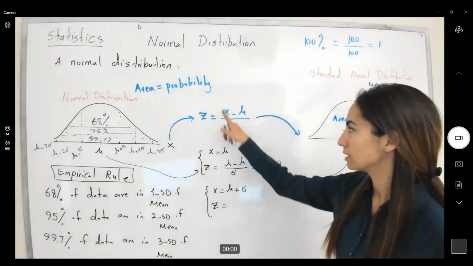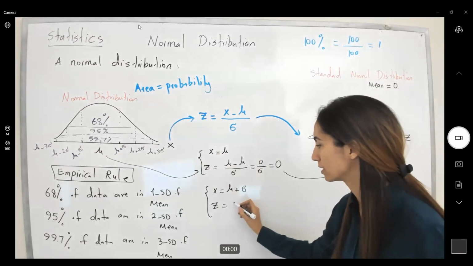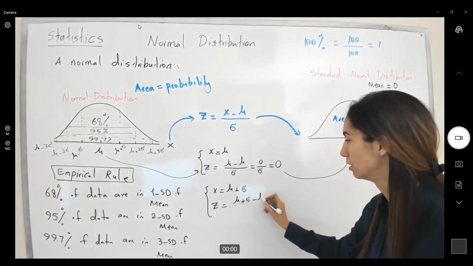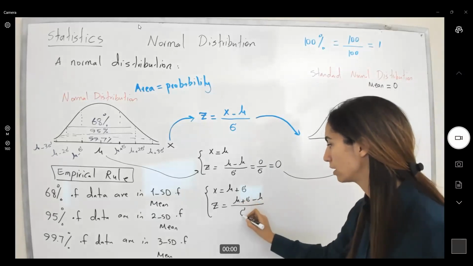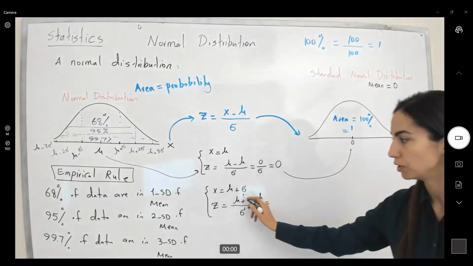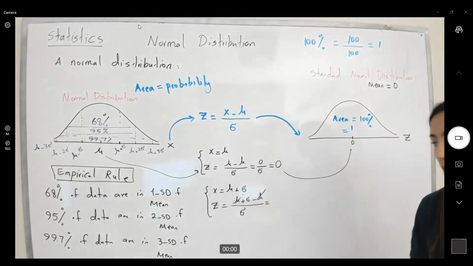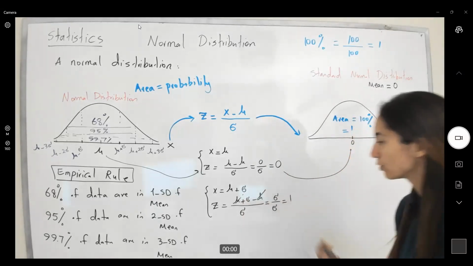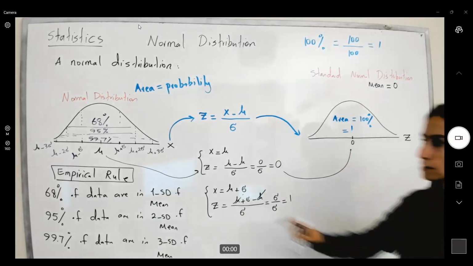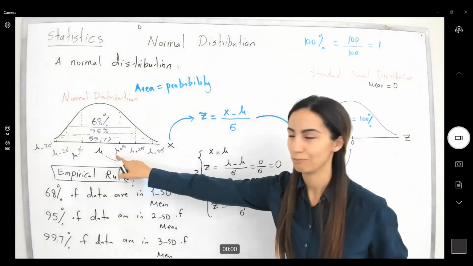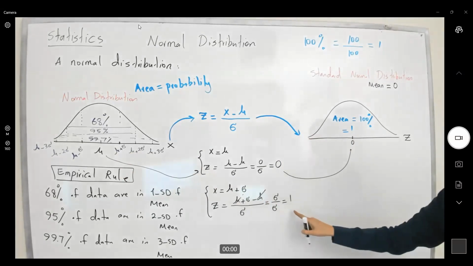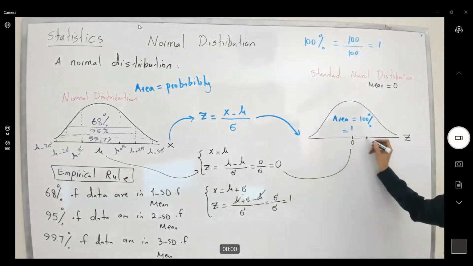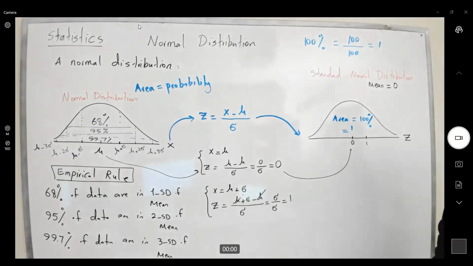Z is mu plus sigma minus mu, divided by sigma. Mu and minus mu cancel out. You get sigma divided by sigma, which equals 1. So mu plus sigma is nothing but z equals 1.